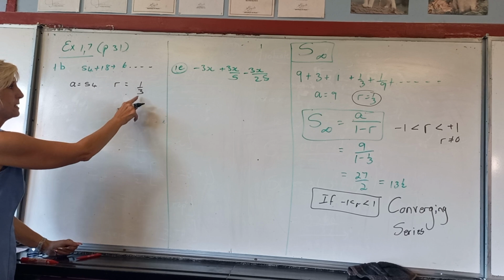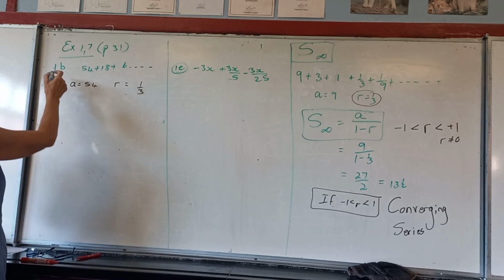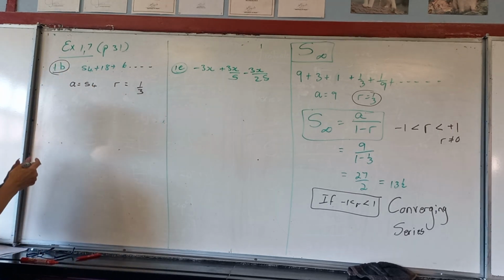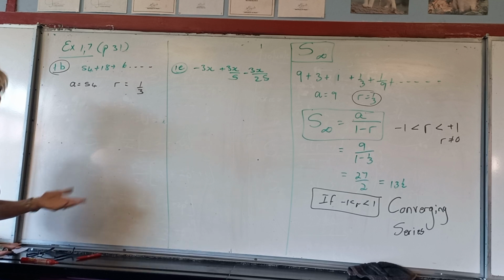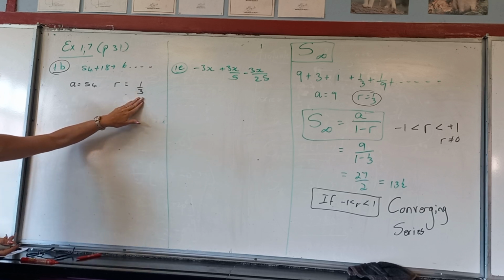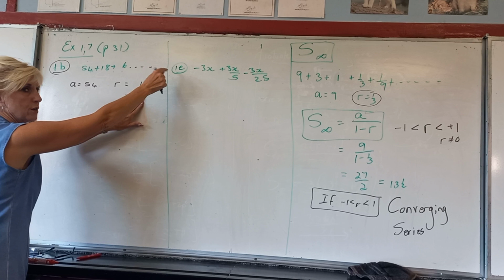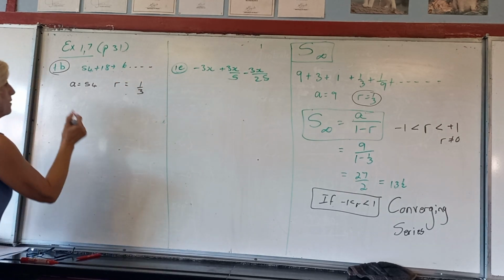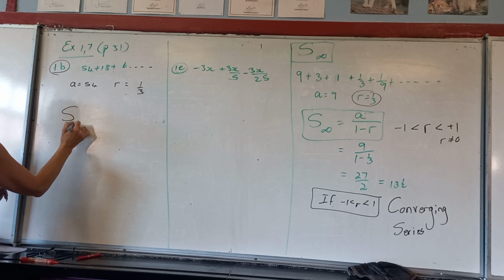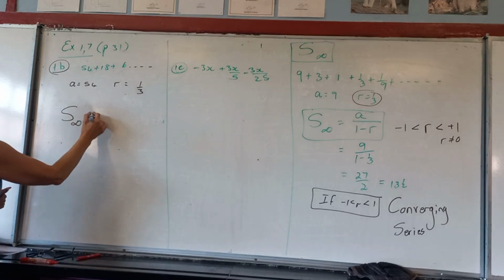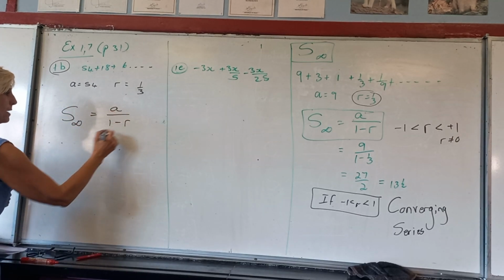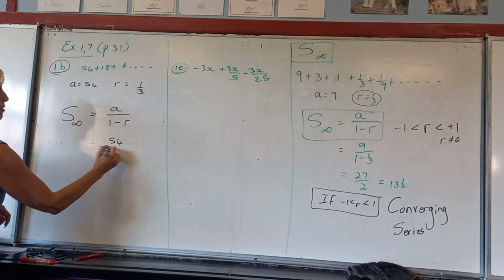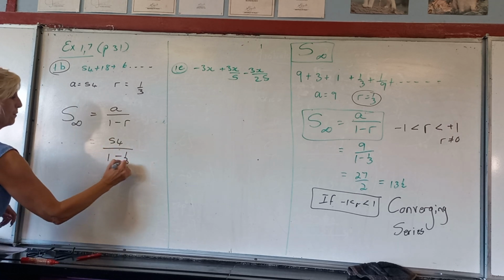So the moment I see this and they say find that, what have I got to find? The sum. So the sum of what? It's going to be sum to infinity, because it's going on and on and on, and it is converging. So therefore I'm going to do sum to infinity, which is a formula that you're going to know from now on. a is 54, r is a third.